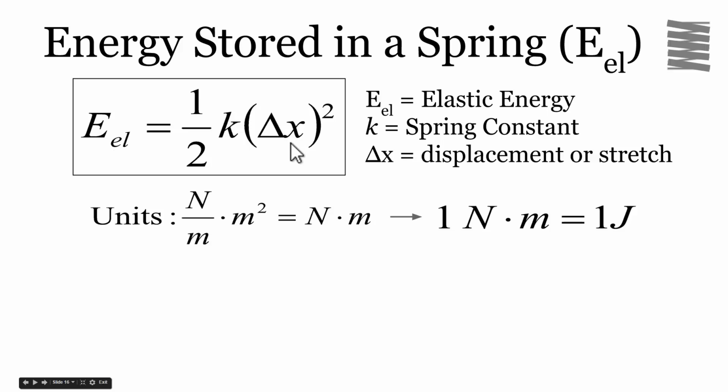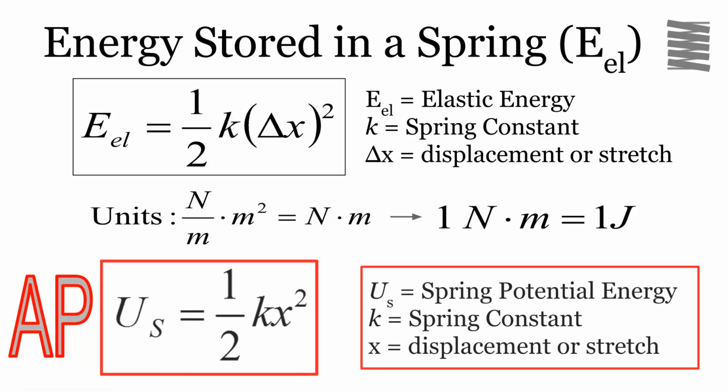Now if you're taking AP Physics 1, the equation on your AP Physics sheet looks just a little bit different. This is what it looks like. They have 1/2 kx squared, but they have this U sub S. Now whenever you see capital U on your AP equation sheet, that stands for some type of potential energy, some stored amount of energy just waiting to be used.